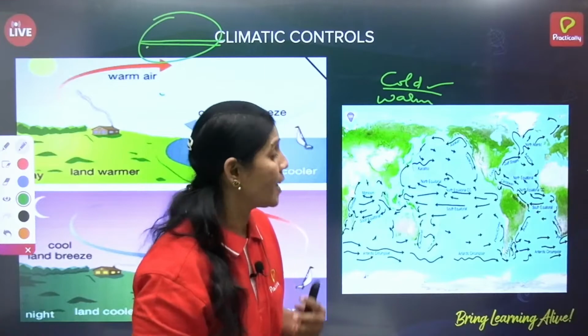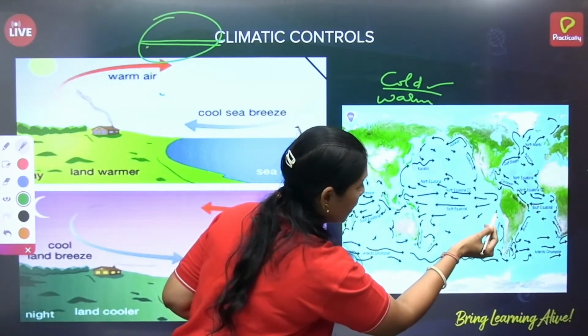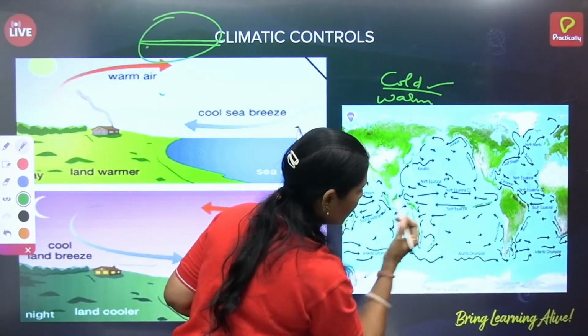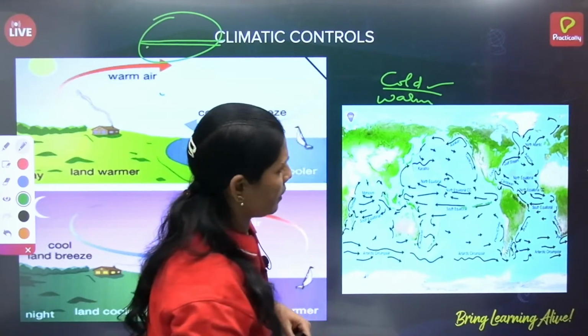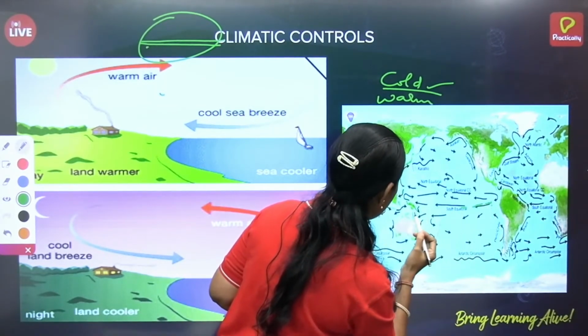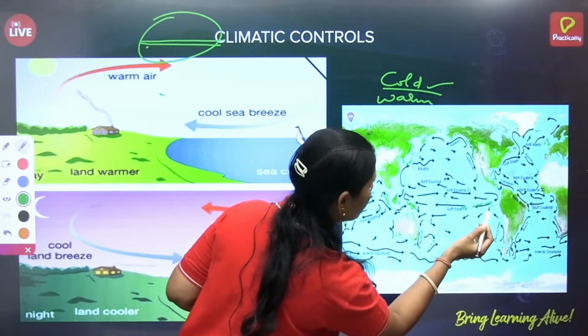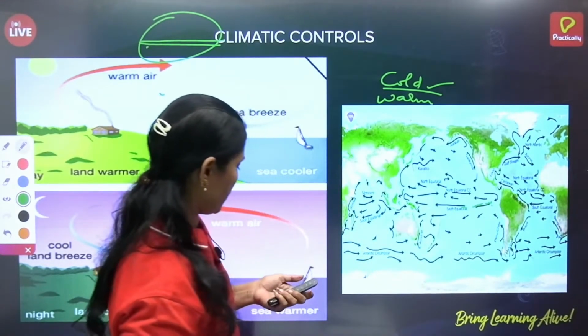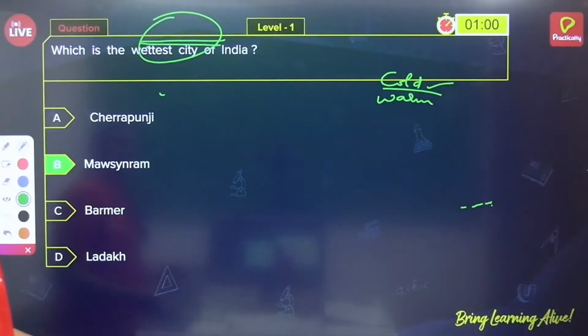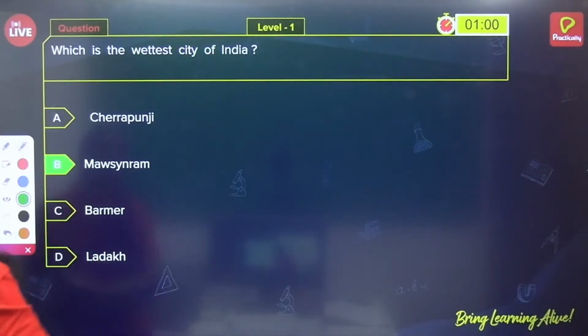So in that process, what happens? In that process, at the Peruvian areas, you can see here. If you take an example, I'll show you here.